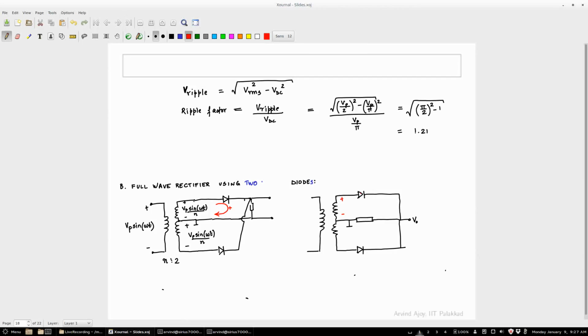And actually here you should ground this. So basically you ground this and this is your V out. Does this appear clear?